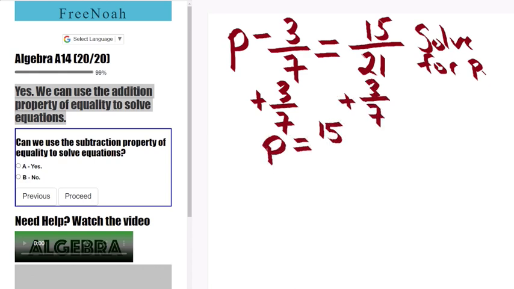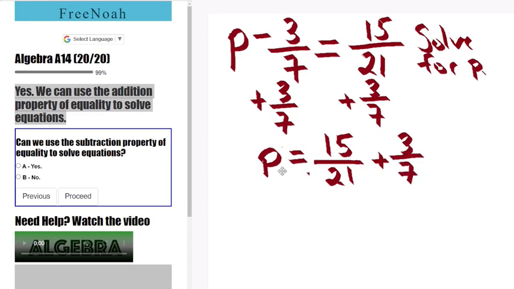This gives us P equals 15 over 21 plus 3 over 7. Now, what we're going to do here is find an LCD. Multiply the second fraction, the numerator and the denominator, by 3.